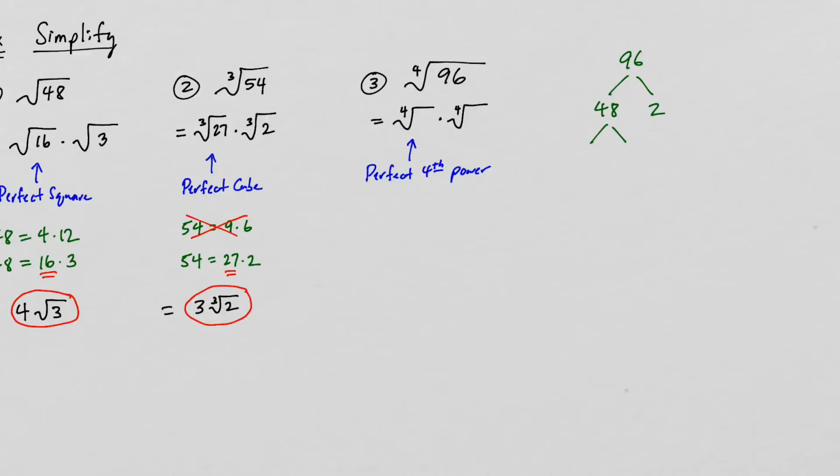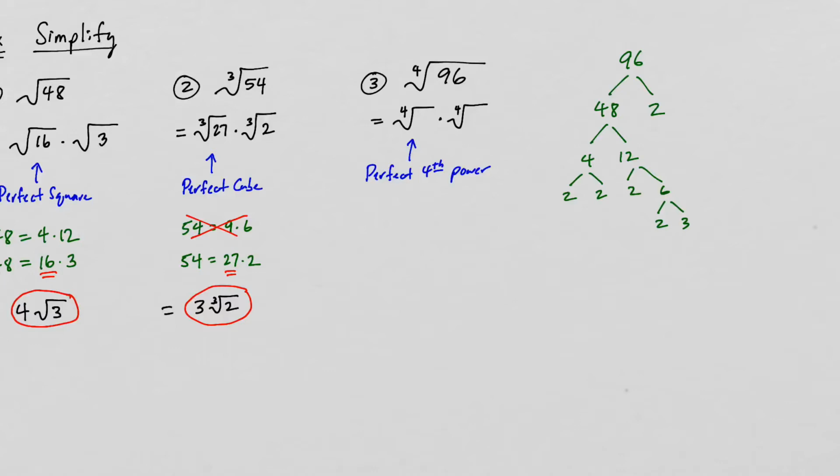And so 48 is 4 times 12. And 4 is 2 times 2. And 12 is 2 times 6. And 6 is 2 times 3.